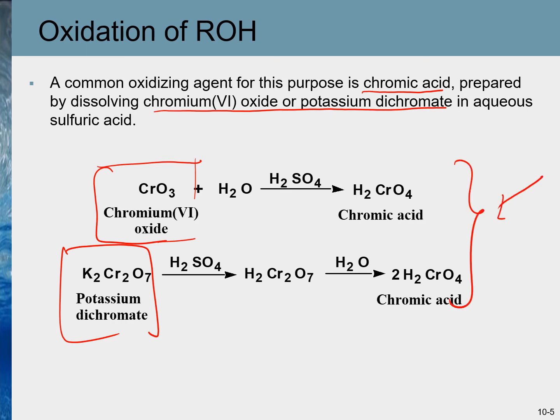You will notice that in both cases the resulting product is chromic acid. The solution of chromic acid in aqueous sulfuric acid is known as Jones solution or Jones reagent.